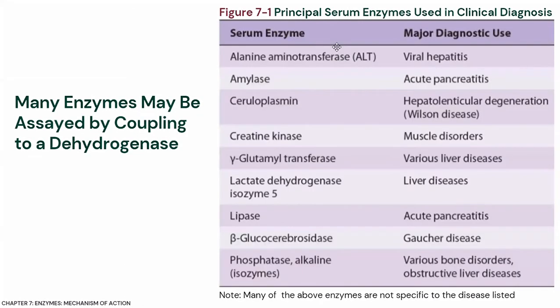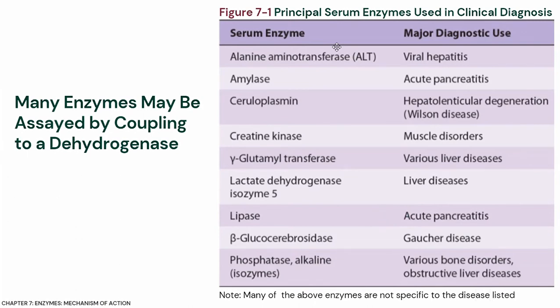Like for example, if you detect creatine kinase, no. Let's just say a lipase. Okay, a lipase. You find lipase in the blood plasma. This is acute pancreatitis because lipase is not supposed to be there in the blood. So a portion of your pancreas has been destroyed. Its contents go into the extracellular fluid.